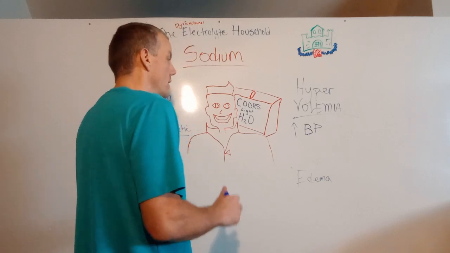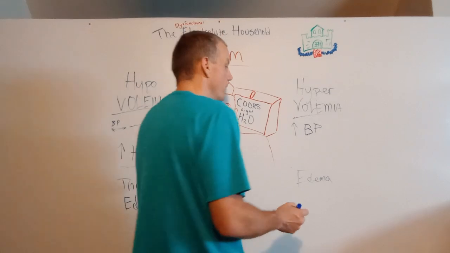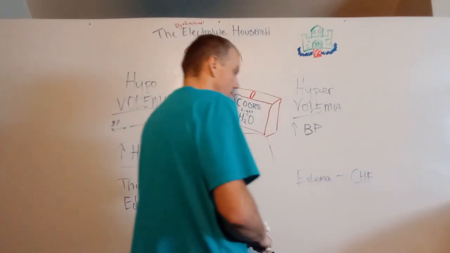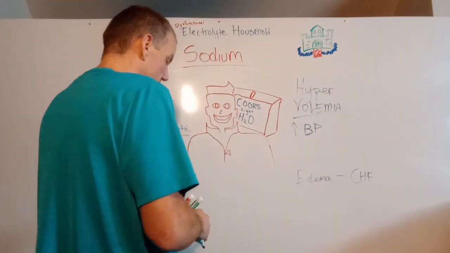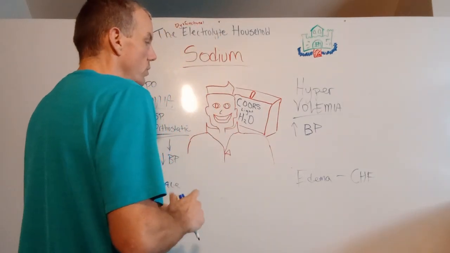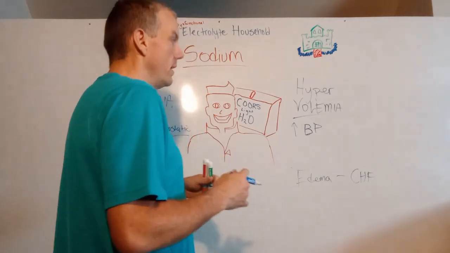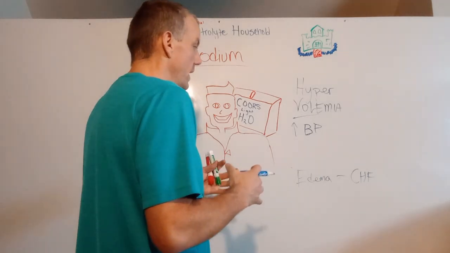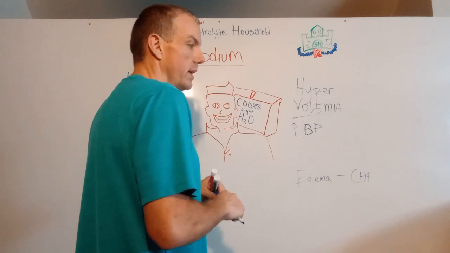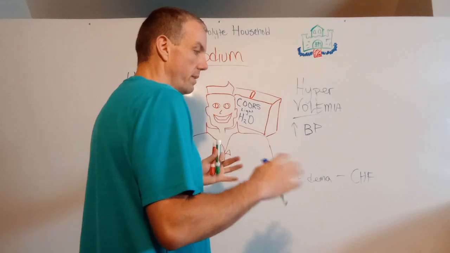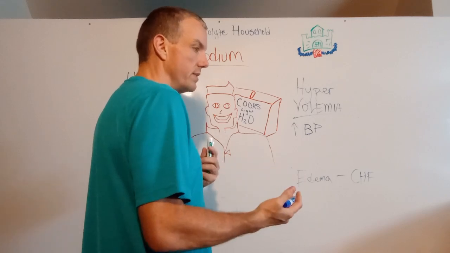This is really significant and obvious in something like congestive heart failure, because the body just really struggles to move all of the fluid. The heart is already doing really bad, and so it's hanging on to this fluid, and the BP wants to drop. The body tries to compensate for it.